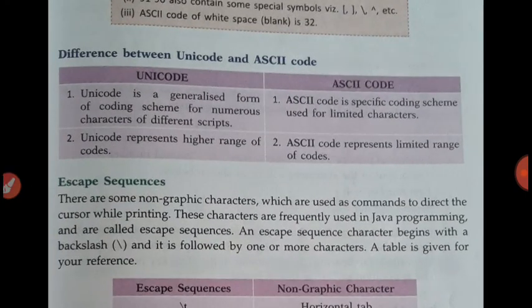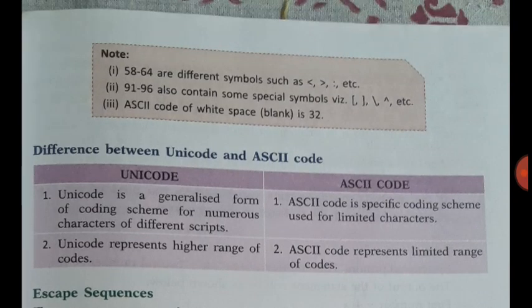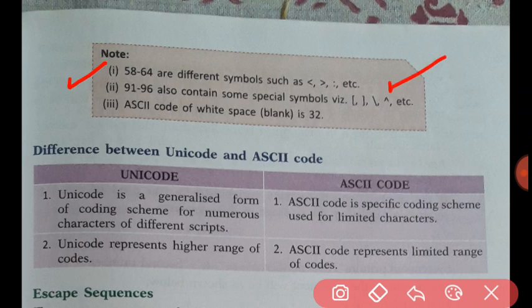These are very helpful, so you need to remember the range. 58 to 64 are different symbols, and 91 to 96 contain special symbols. The ASCII code of white space, that is blank space, is 32. Remember, the most important are the ASCII values of uppercase letters, lowercase letters and digits. I am repeating: uppercase letters 65 to 90, lowercase letters 97 to 122, digits 48 to 57.